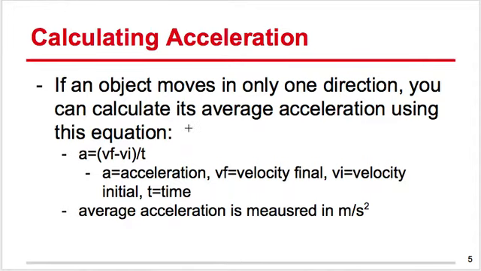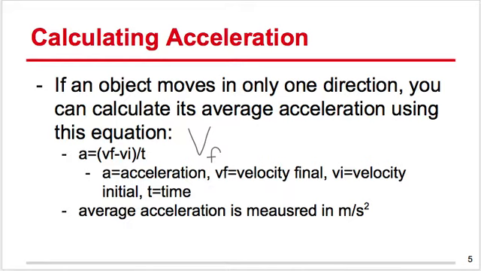The sub is just subscript, below the actual writing. So a is acceleration, v sub f is equal to velocity final, v sub i is equal to velocity initial, and t is equal to time.